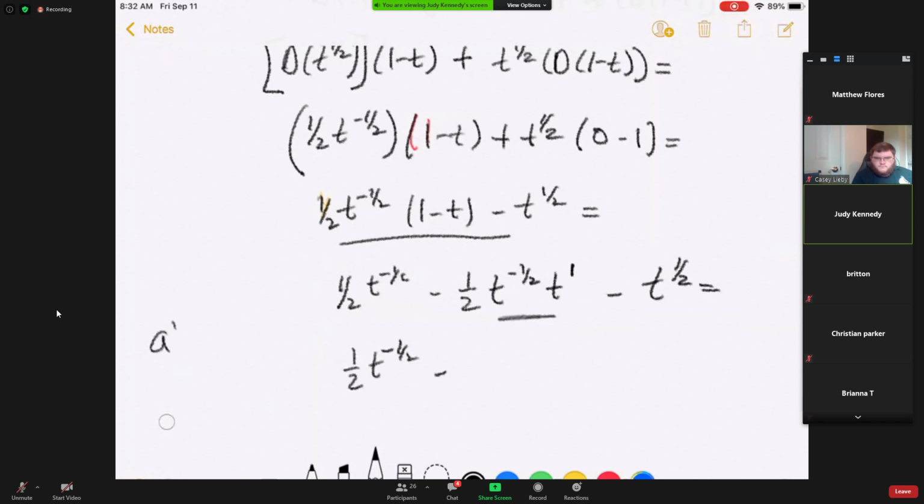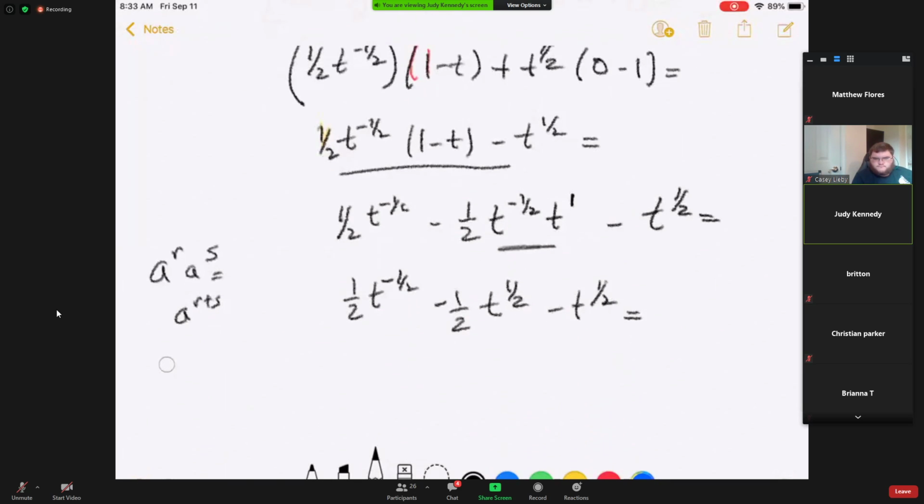Here we use the rule a to the r times a to the s is a to the r plus s. 1/2 minus 1/2 plus 1 is plus 1/2. Okay, so that would give me, and I could combine those two, t to the 1/2, minus 3/2 t to the 1/2.